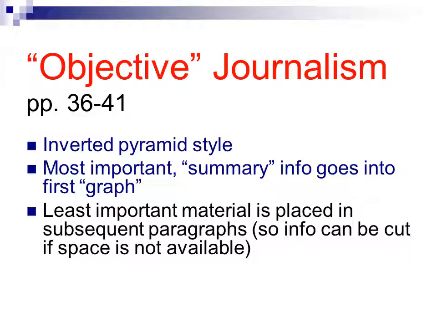The idea was that if a journalist wrote a story of, let's say, maybe 15 paragraphs, and each paragraph has important information, the info in paragraphs 13 and 14 and 15 at the bottom of the story is not nearly as important as what's in paragraphs 1, 2, or 3.